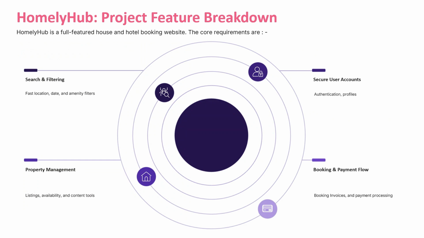In short, if I break down the HomelyHub project, let's break it down into four main features. HomelyHub offers advanced search and filtering options in which the user can search the desired place and select the dates and the amenities filter they want in the particular property. Second is secured user accounts. Users can log in and sign up with their details, which is absolutely secure, and after logging in, you can see your profile in the dashboard.